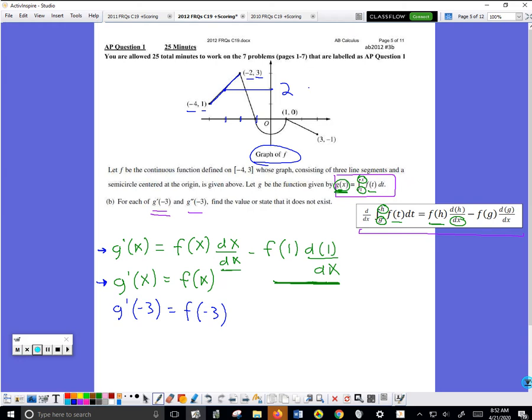So the slope is 1. So when you start here at y equal 1, and we go over 1 and go up 1, we're going to be at y equal 2. So this is definitely equal to 2. And if you have the blue statement, you get 1 point.